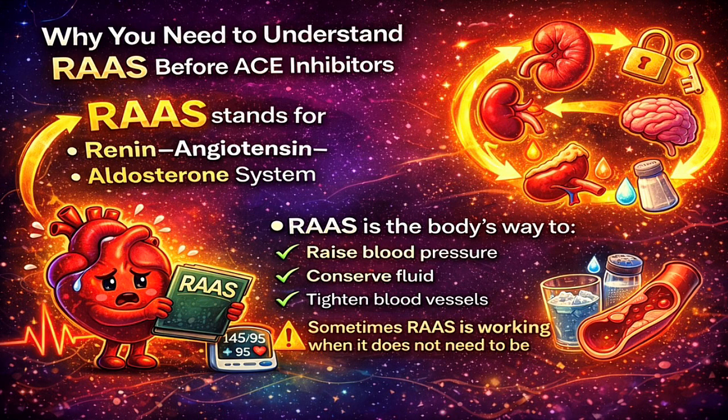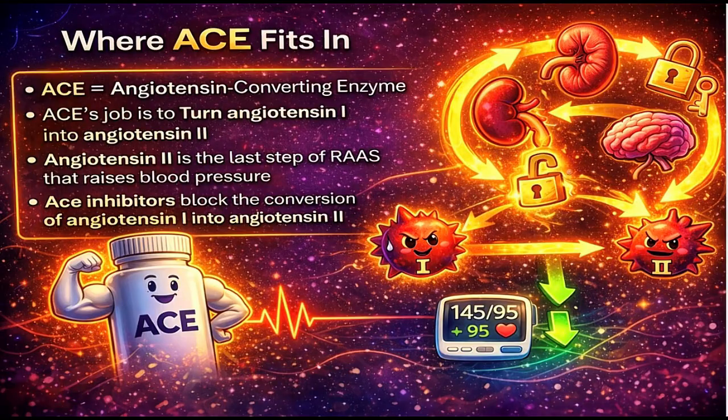If your body is functioning correctly, the RAS system is great and very helpful, but sometimes the RAS system is firing when it does not need to be and can cause a lot of harm. This is where ACE fits in. When we block ACE in the RAS system, blood vessels relax, blood pressure drops, and the body gets rid of extra fluid. So think of ACE inhibitors as blocking the RAS system from finishing its whole process.